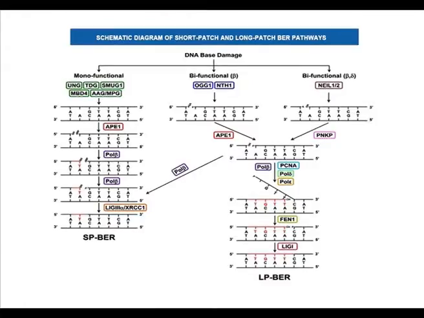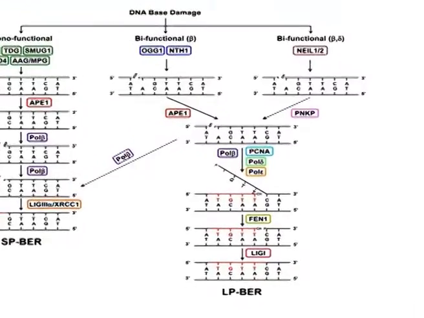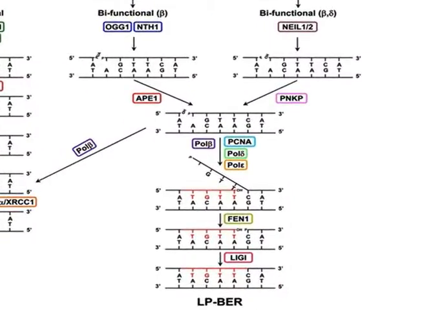This pathway has been named short patch BER. Long patch base excision repair. Long patch base excision repair replaces a strand of nucleotides with a minimum length of 2 nucleotides. Long patch BER requires the presence of proliferating cell nuclear antigen, or PCNA, which acts as a scaffold protein for the restructuring enzymes.